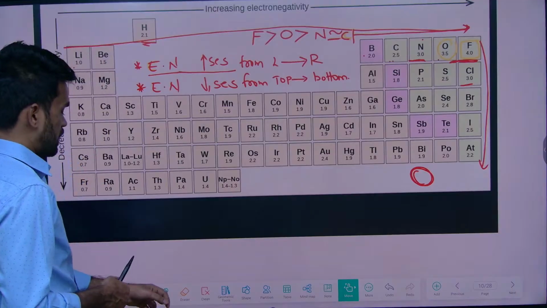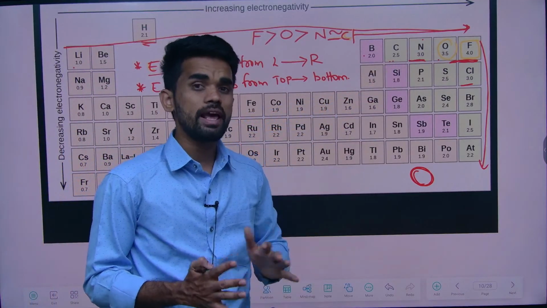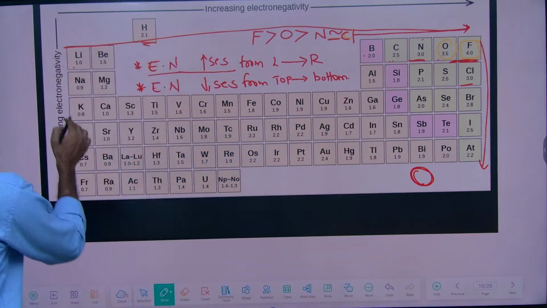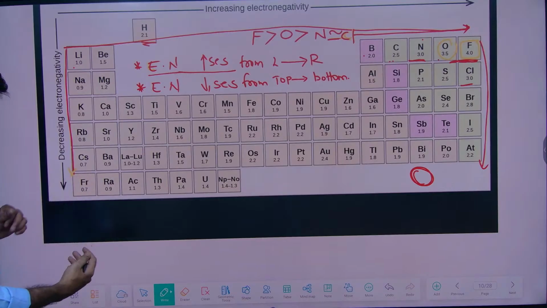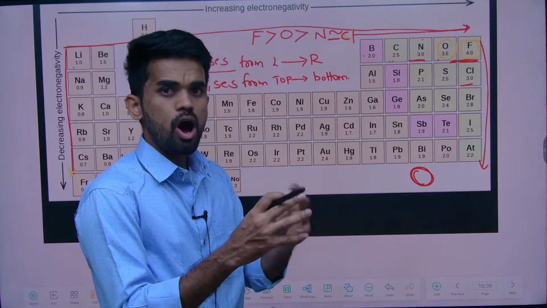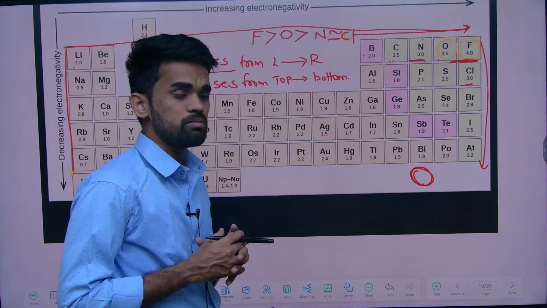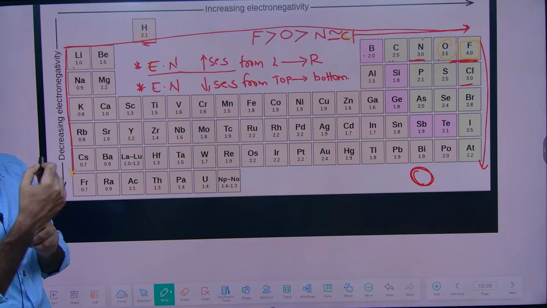Most electronegative element in the periodic table, what is that? I told you, fluorine. And I told you, down the group electronegativity decreases and electropositivity increases. Electronegativity and electropositivity are like opposite statements. So that's what I am saying. Electronegativity decreases down the group, it means electropositivity increases.